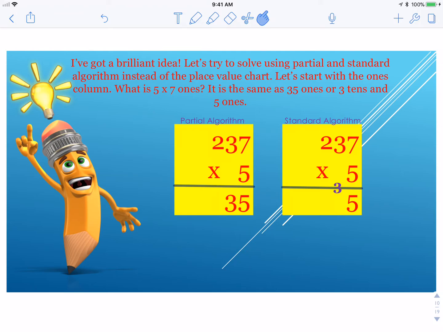So we have 35 ones in partial algorithm. That's the way we labeled it. And we have 3 tens and 5 ones. So if you look over here, we have our 3 tens and 5 ones. Okay, so both of them equal 35.